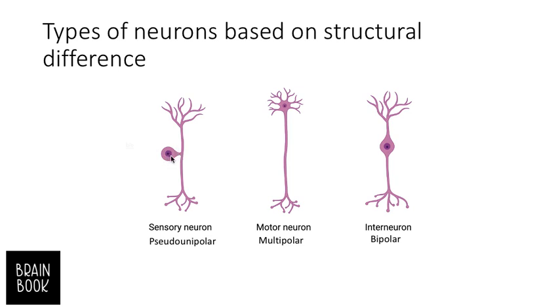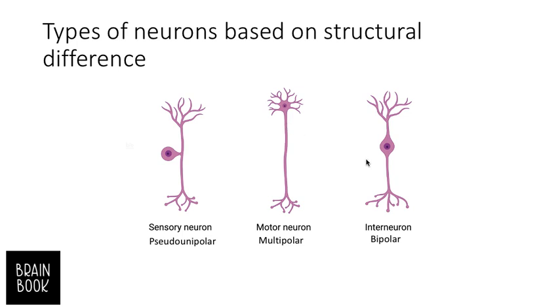And we have a multipolar neuron. Here in the soma we have different and multiple projections, including dendrites and axons. For this reason we call this kind of neuron multipolar.